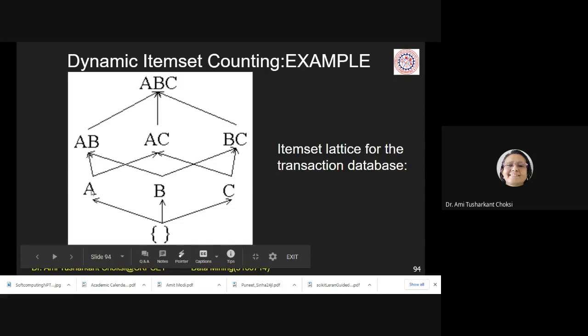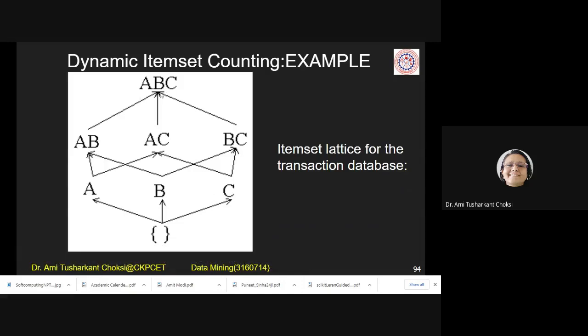So we can have AB, AC, and BC. And if we go one level above, we have ABC, right? How to make this lattice is already known to you. We have already seen that. Fine. Right. Now, proceed.